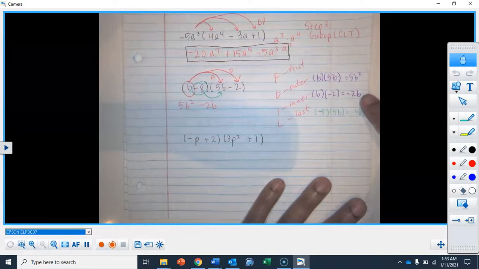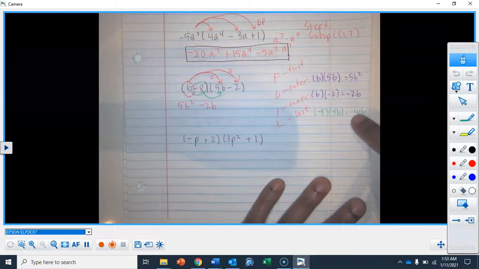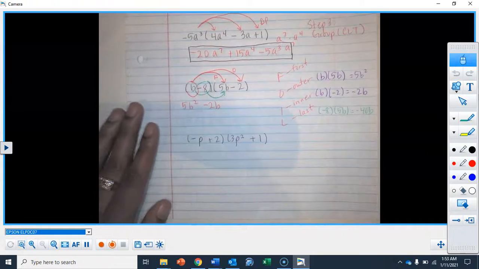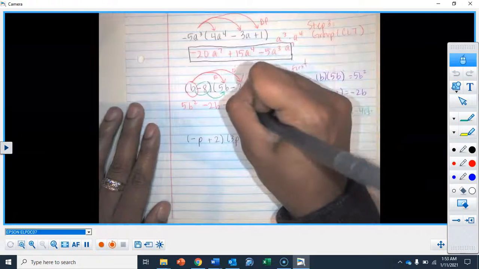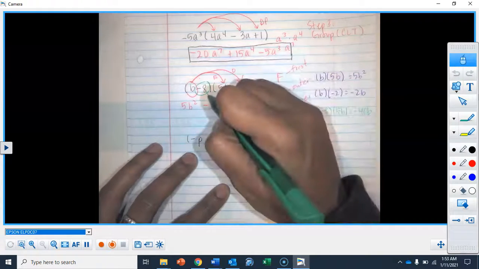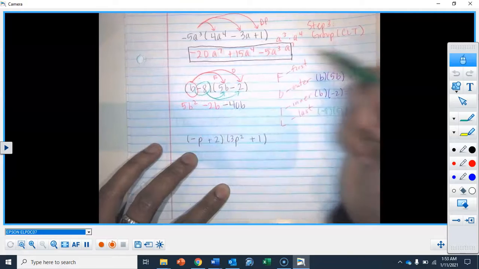Remember I told you, you always want these two terms to be like terms, or they should match, that they have the same variable with even the same power. So they should look identical even though they have different coefficients. So this is -40B.